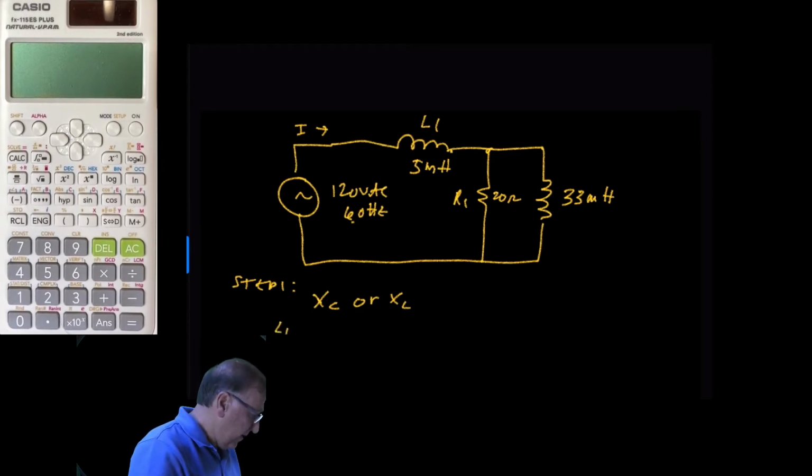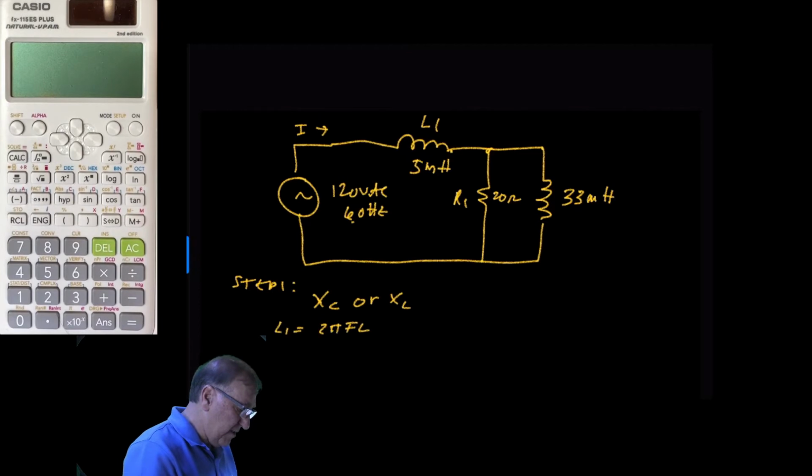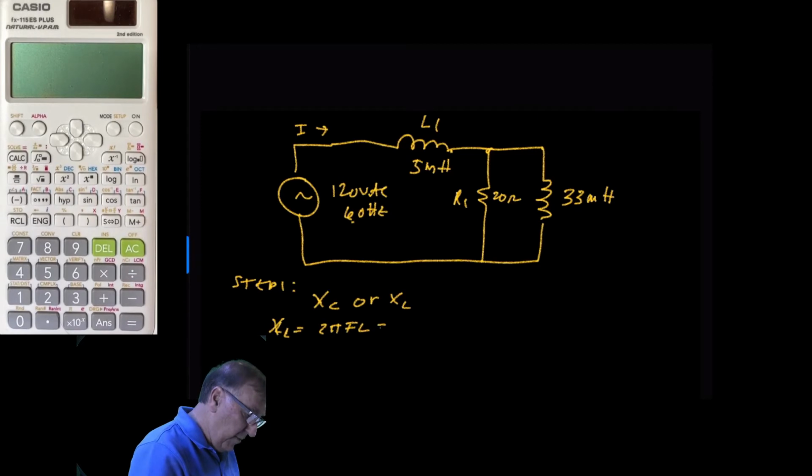So for L1, remember, 2 pi F L is the equation, and this is X sub L. Put that on your note card. In this case, it would be 2 pi times 60 hertz, the frequency, times the inductance 0.005 henry, and that equals 1.89 ohms.